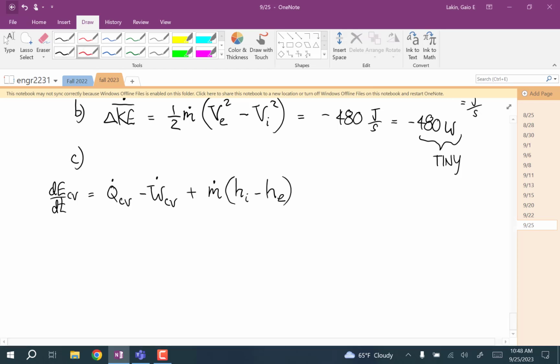That goes away, and we get that W dot for the control volume is equal to Q dot for the control volume plus M dot times the quantity HI minus HE.